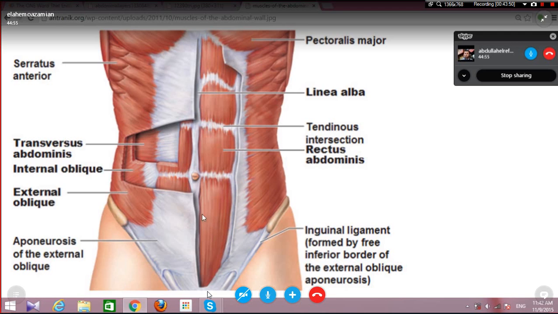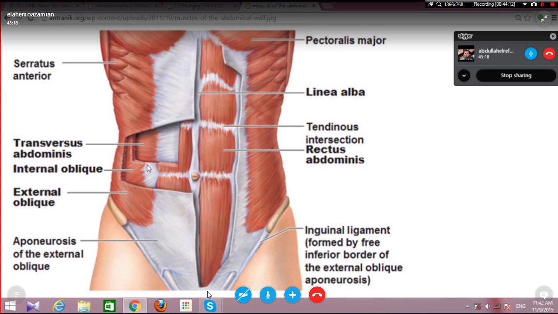So when you are here, all the aponeuroses go anteriorly to the rectus abdominis. So the posterior layer of rectus sheath is missing. This is called the arcuate line. It's where you don't have any posterior layer of rectus sheath, and it's 2 fingers below the umbilicus.